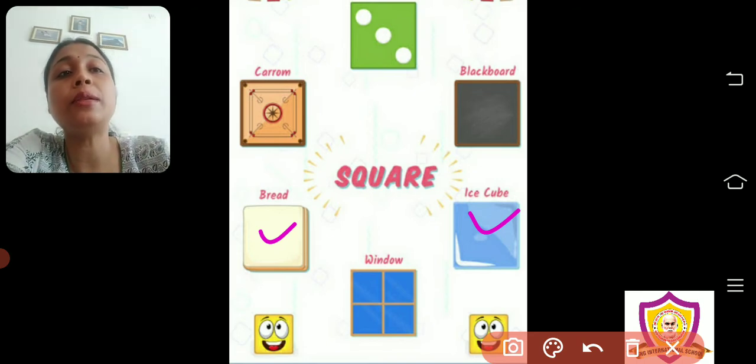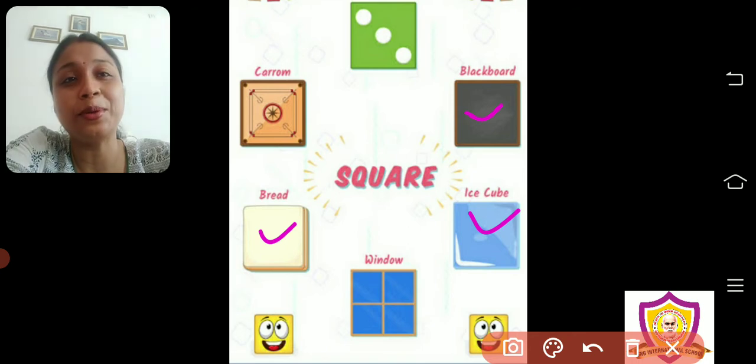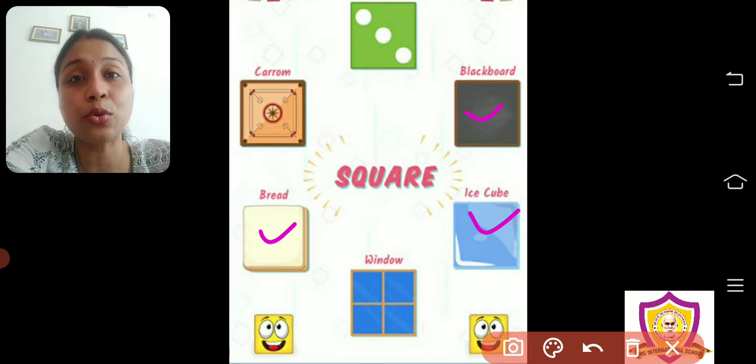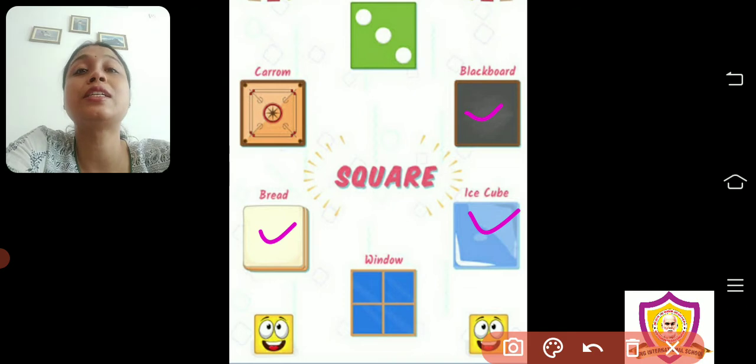Now can you tell me what is this? Blackboard. Yes, blackboard. We use this blackboard in school, and nowadays we are missing this blackboard a lot. It is a square shape. Now come to window. Everyone has a window at their place. Just see window. Some windows are square. Yes.